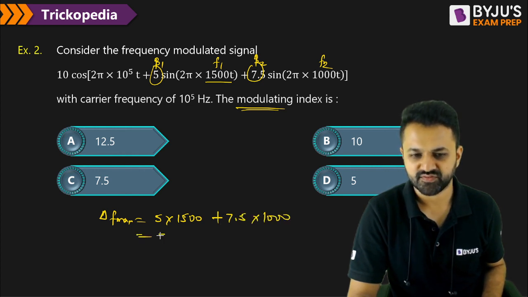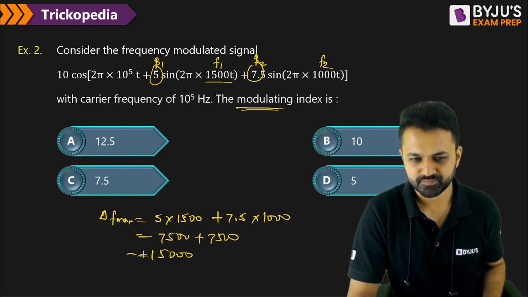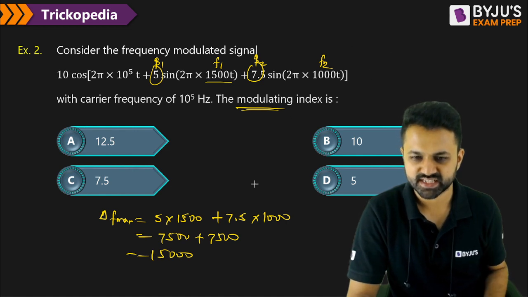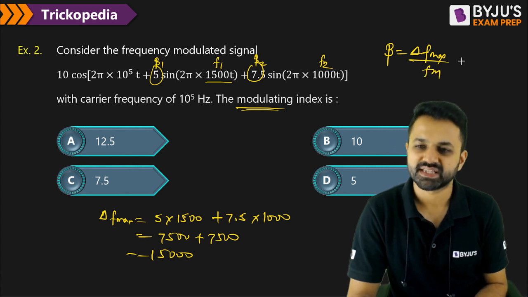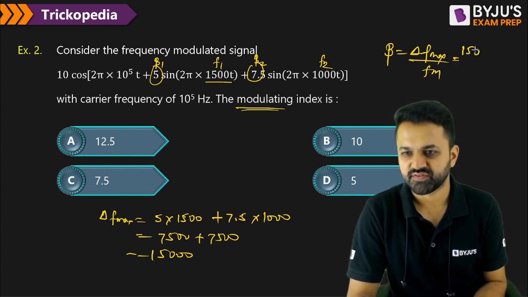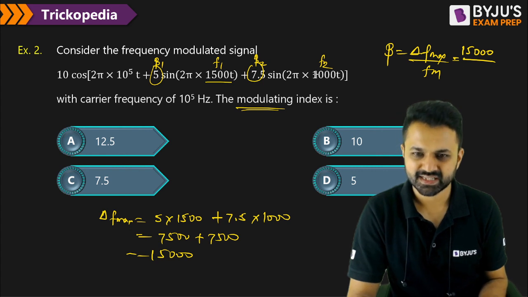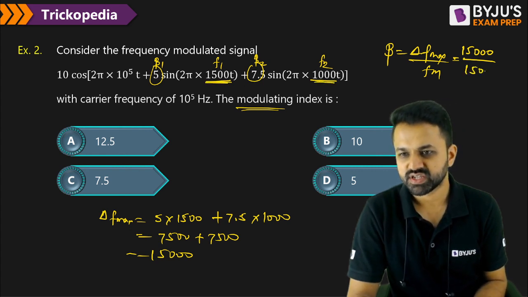So this is 7500 plus 7500, which gives 15,000. Now what is the value of the modulation index? The modulation index beta is the maximum frequency deviation divided by the maximum message signal frequency. This is 15,000, and the maximum frequency out of 1500 and 1000 is 1500. If you divide, you will get 10.